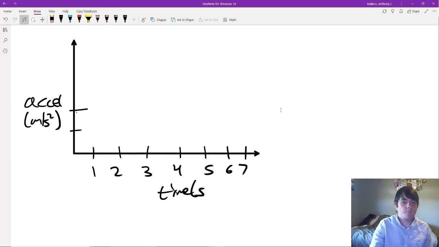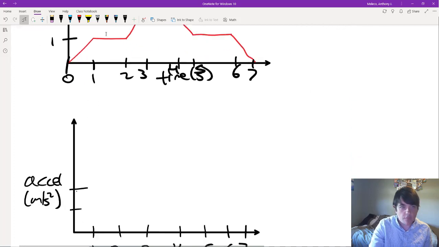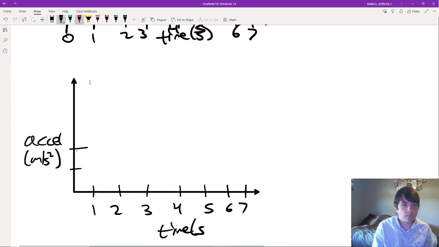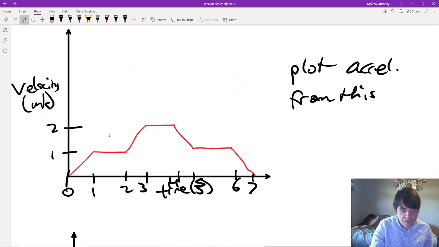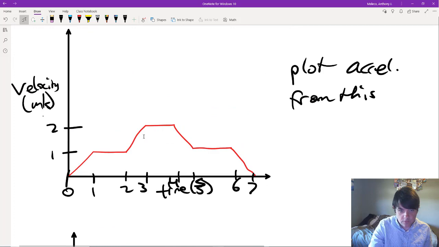1, 2. Okay. So in the first one, we're going up 1 over 1. So that means our slope for that is just a line. The next one, we have a slope of 0. It's a horizontal line. And I'll talk about this break in a second. The next one, it's up 1 again.